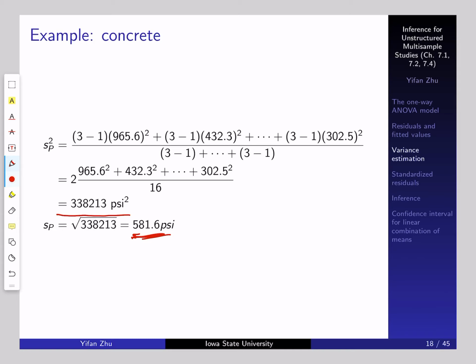So for this data, all the groups have 3 observations, so you can take the 2 out and have a more convenient summation.